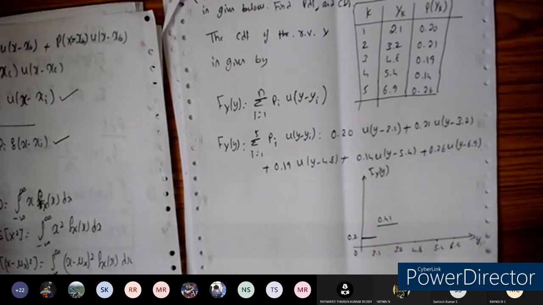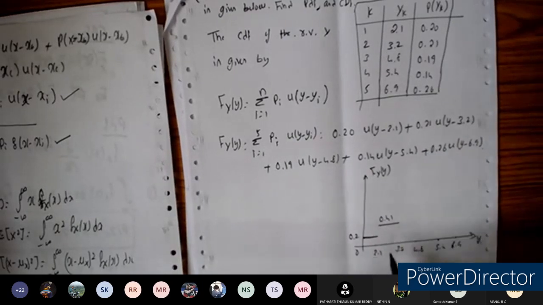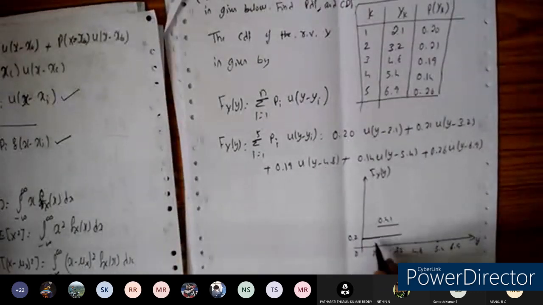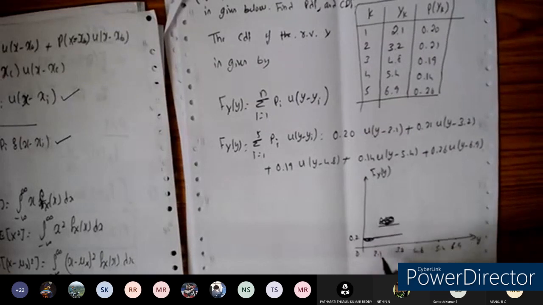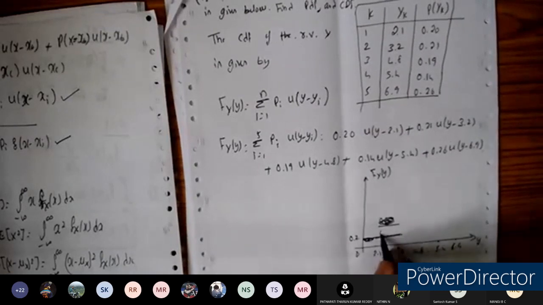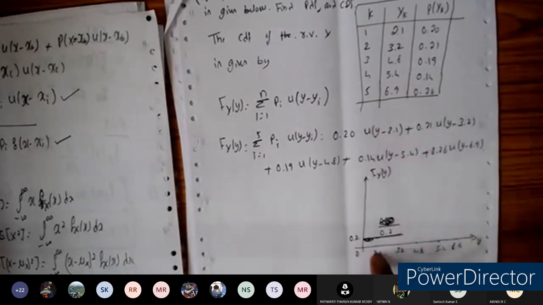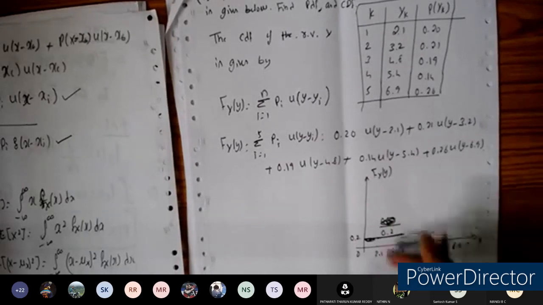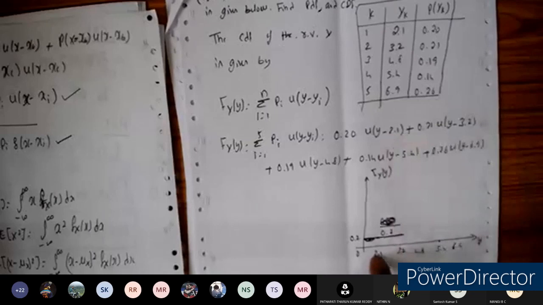Just a small correction here: u of (y minus 2.1) means the step starts from 2.1.